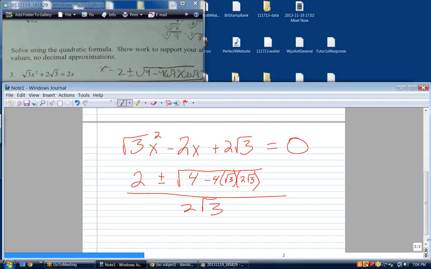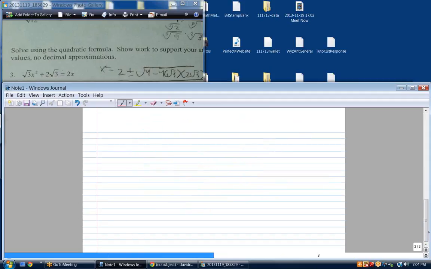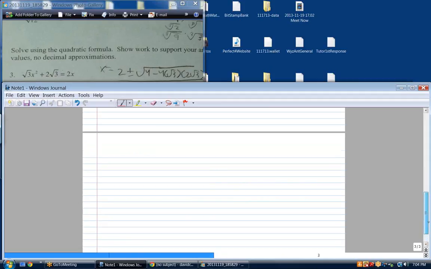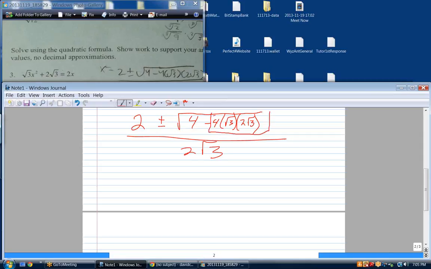Okay, so let's simplify what's inside the radical first. So what is this equal to here?